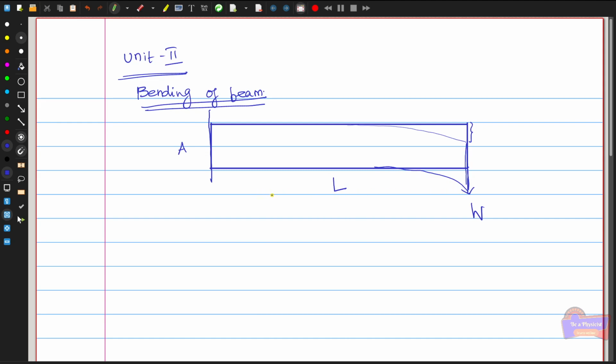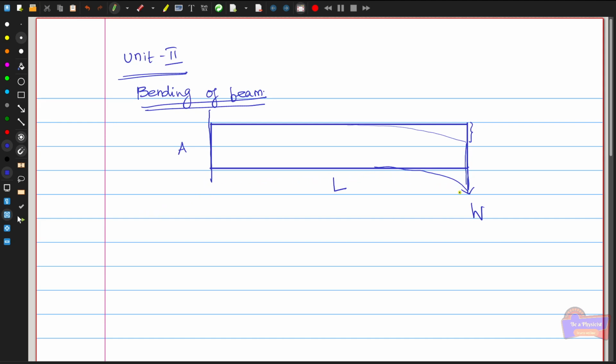When we study this kind of beam, we make the following assumptions.